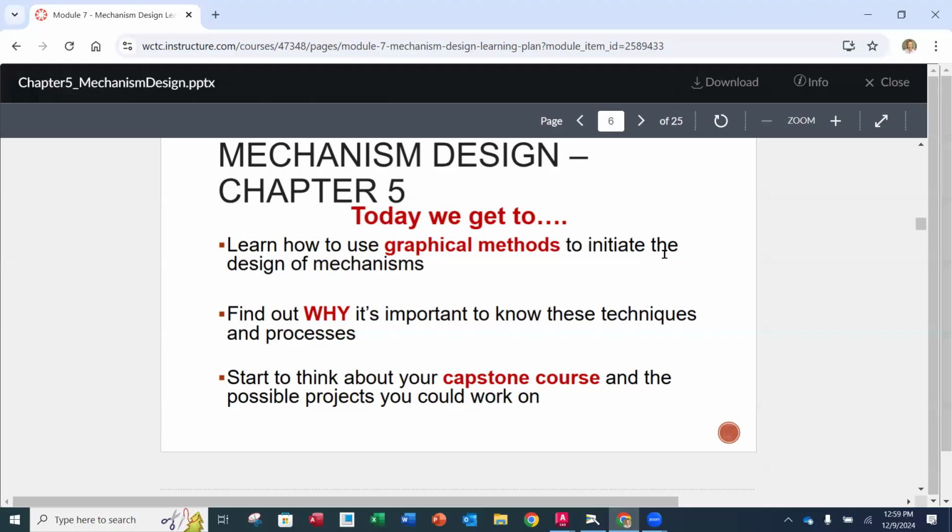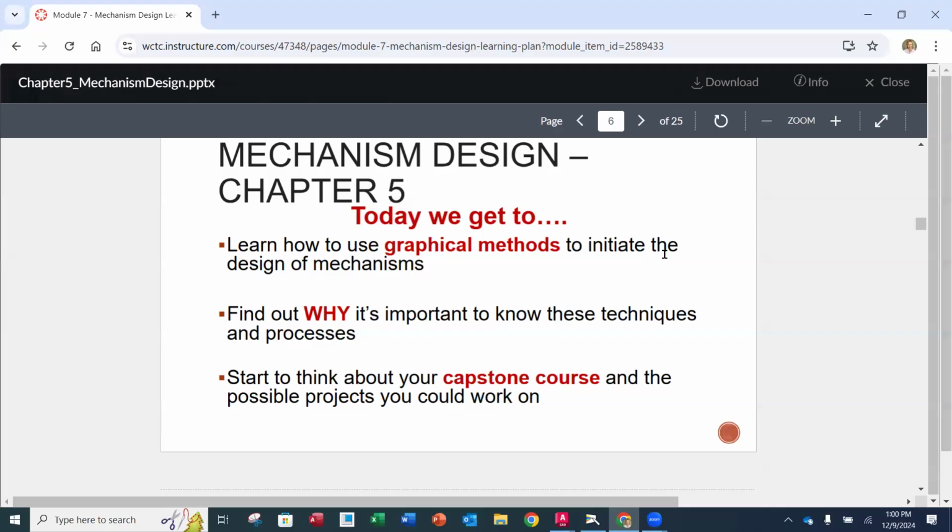And I know that he started kind of your wheels turning on the capstone project. But this is where, too, when you're starting those initial design processes and those initial brainstorms of what we can do, kinematics is probably going to enter into that particular conversation and what is going to be needed depending on the motion that you are going to be considering for your final project.